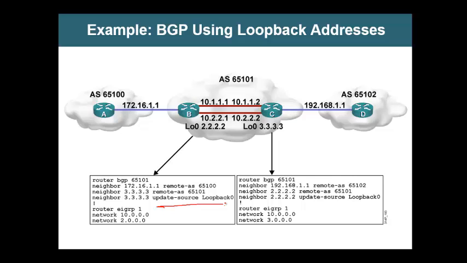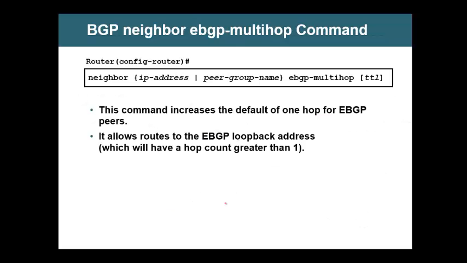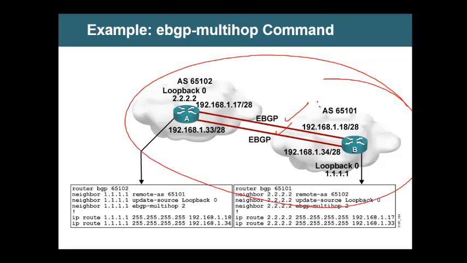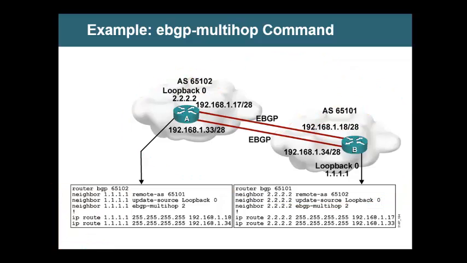Now, in some rare situations, I may have a redundant link between EBGP peers. These are different autonomous systems. Now we have redundant paths even between EBGP. I said it's a very rare situation.